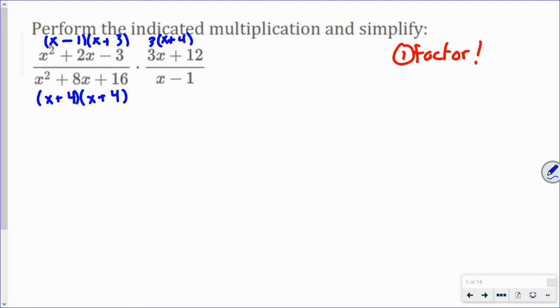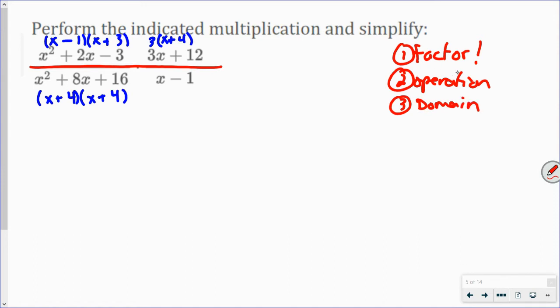When I do the operation now, step 2 was operation. When I multiply fractions, all I do is multiply straight across. Nothing crazy happens. You just combine everything together. Step 3, we're going to look at domain.